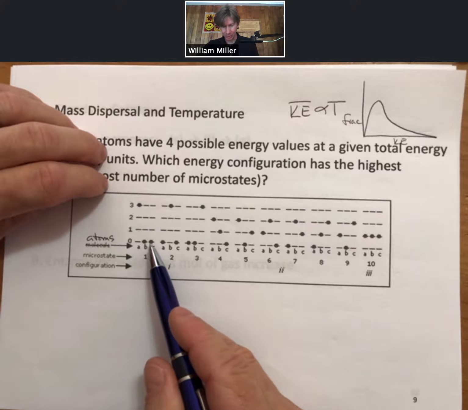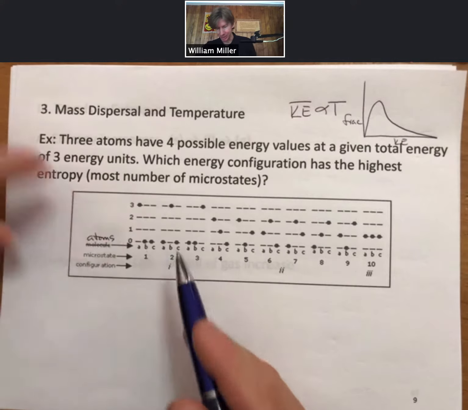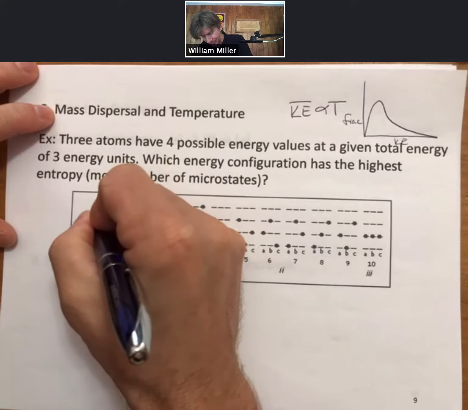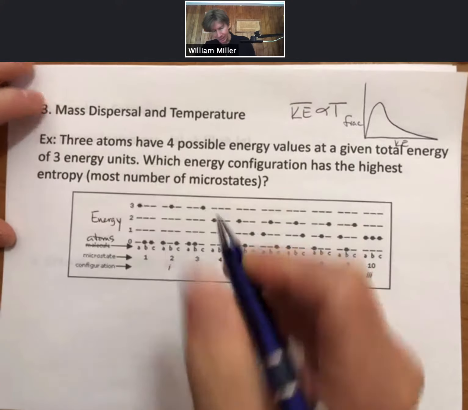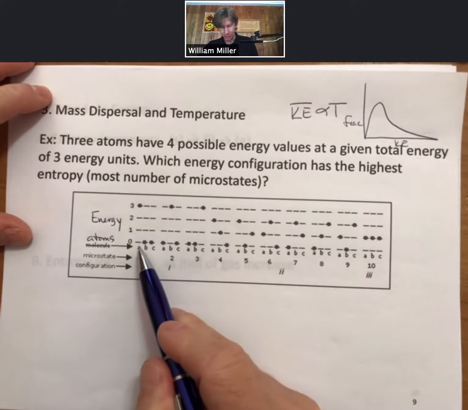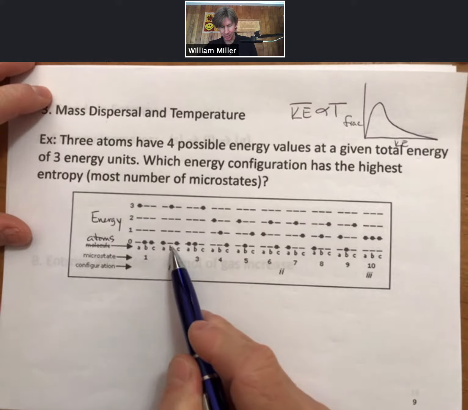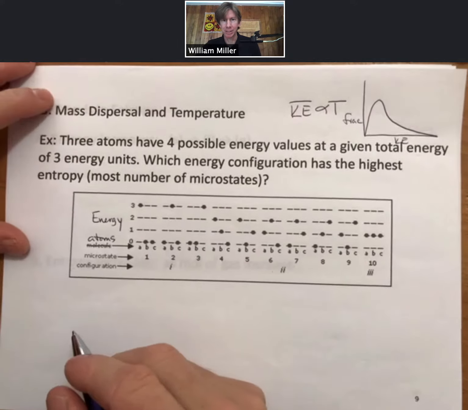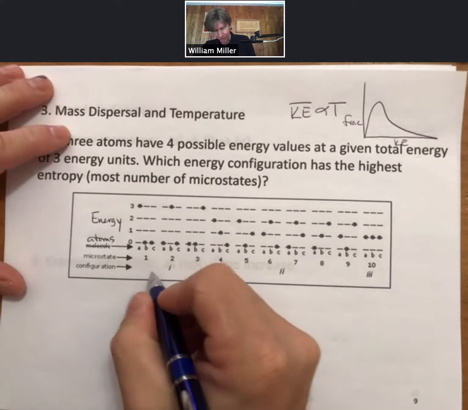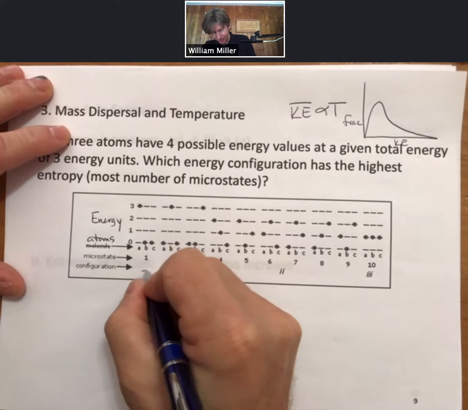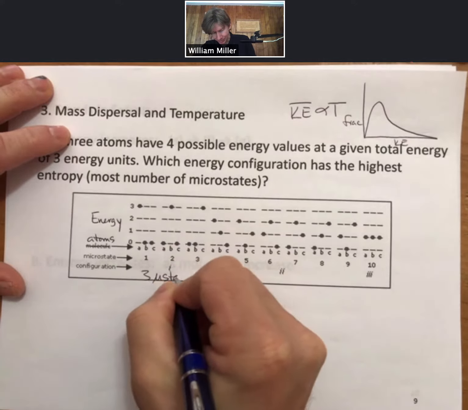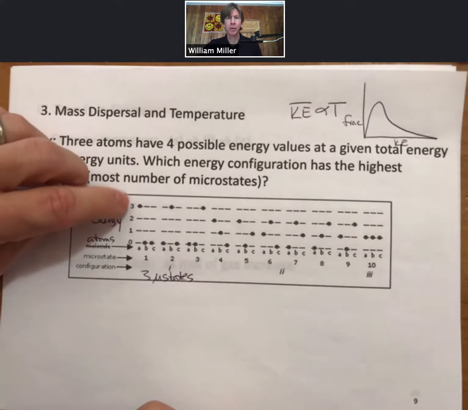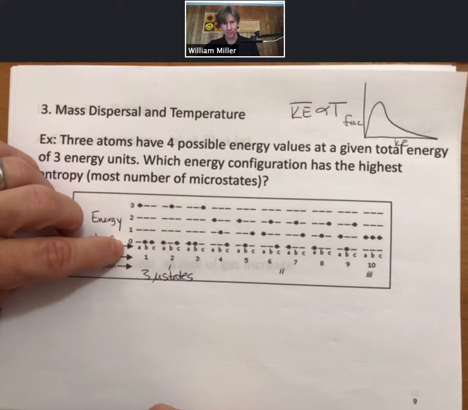Well, then the other 2 must have energy of 0. So this is energy. And then there's also particle A, particle B can have 3, and particle C can have 3 energy units. So there are 3 microstates in which one of the particles has 3 energy units and the others have none.